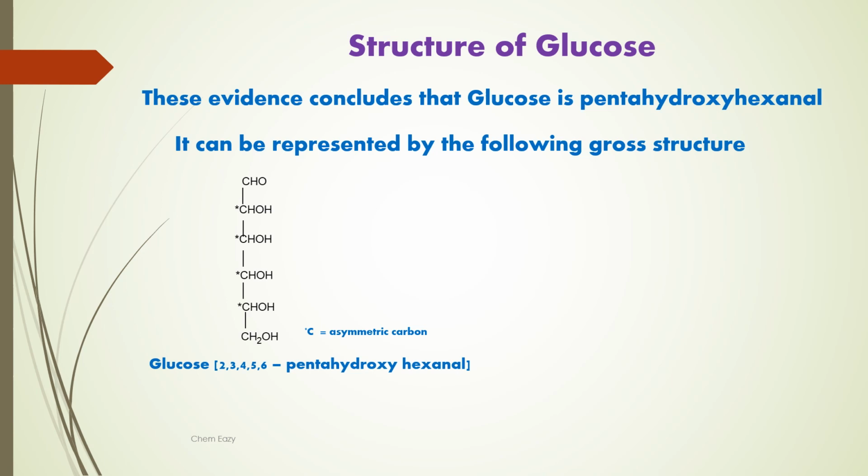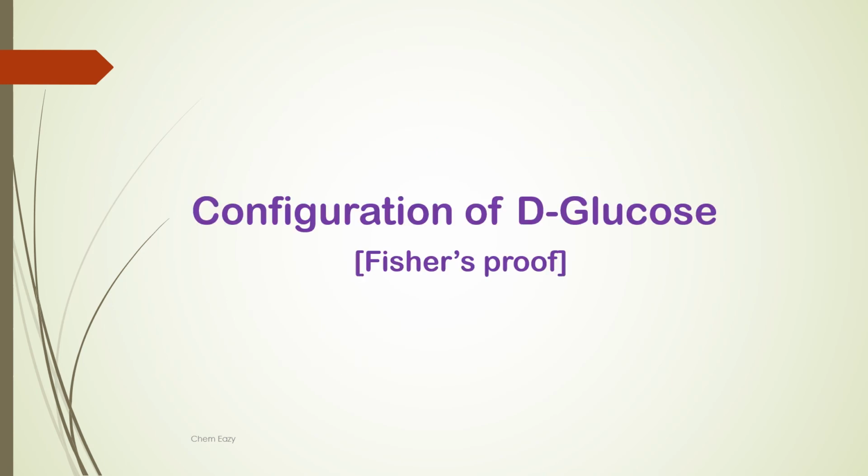It indicates these 4 carbons are asymmetric carbons. Therefore, glucose is 2,3,4,5,6-pentahydroxyhexanal. Next, let us discuss the configuration of D-glucose.